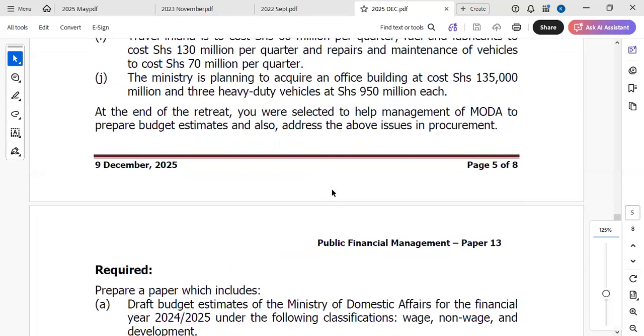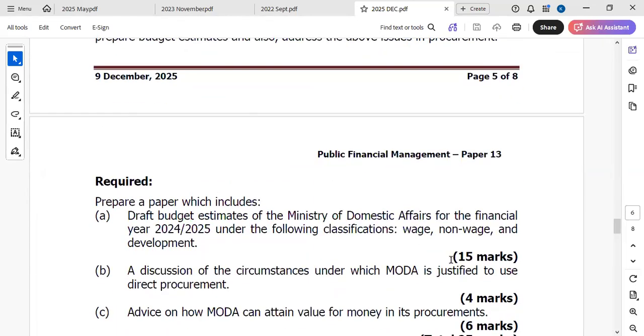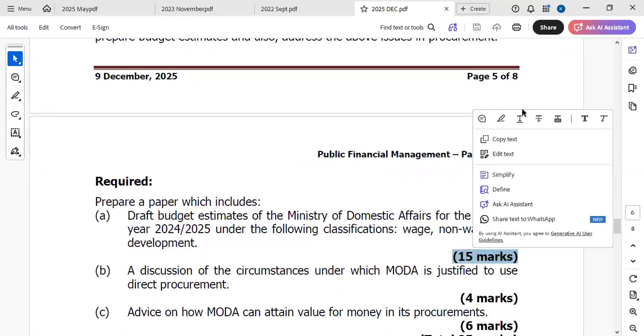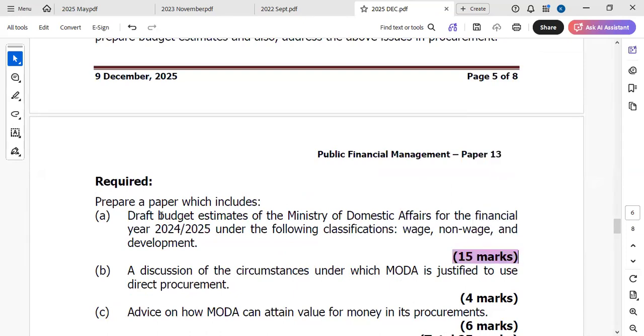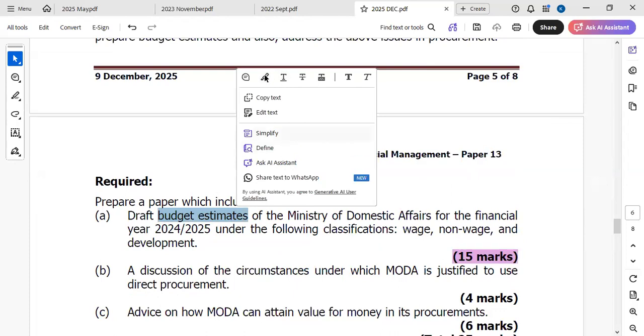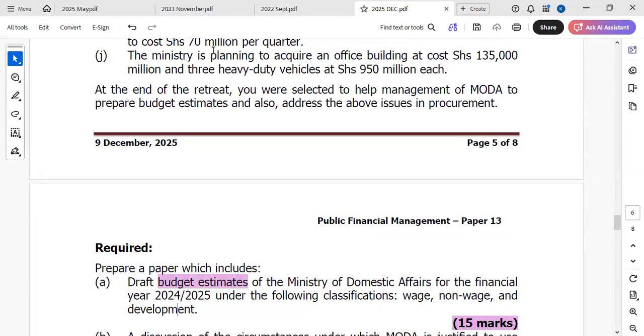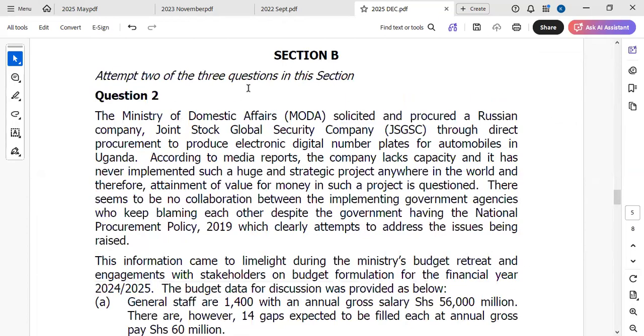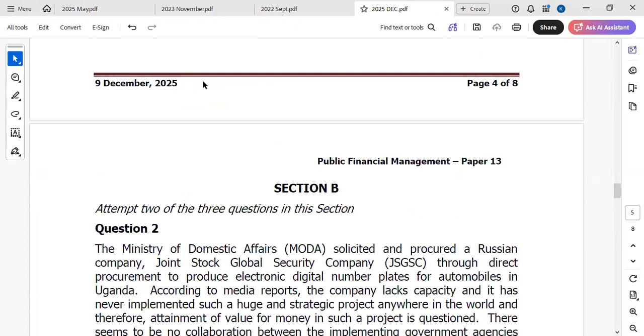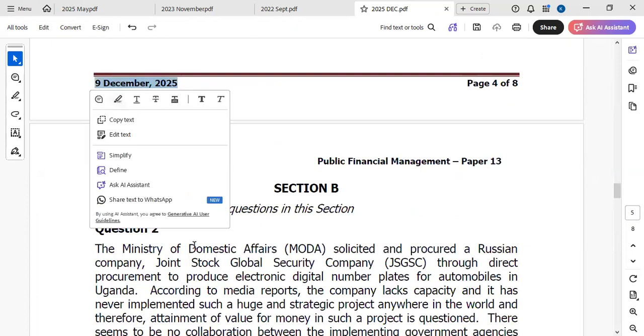It was carrying 15 marks, among the numbers you're going to practice to do the budget test. December 2025, question 2. You go through it.